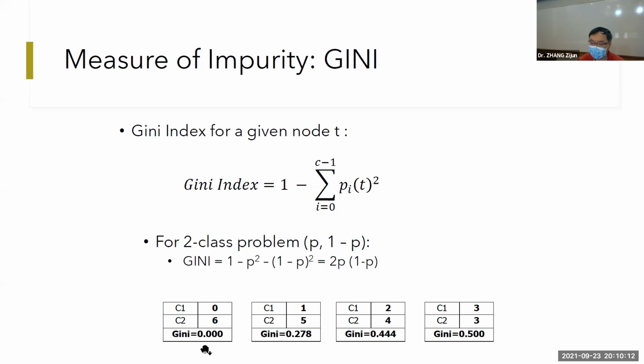It will be 0, right? And why is it 0? It is because P is equal to 0. It's 0 over 0 plus 6, then it's 0. And 2 multiplied by 0 multiplied by 1 is equal to 0. So Gini is equal to 0 here.